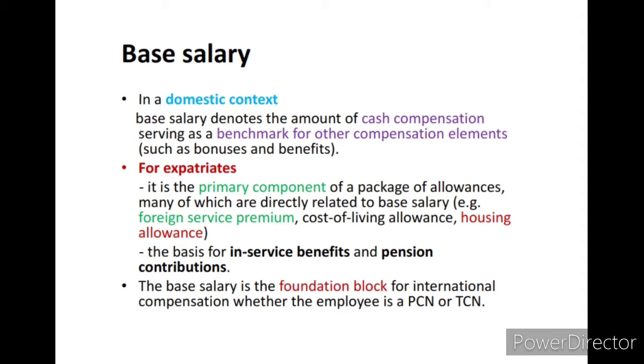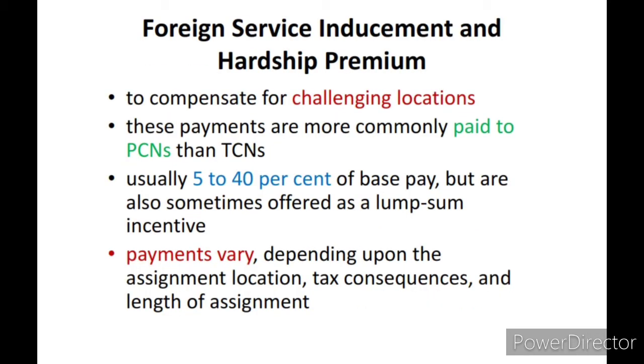To encourage and motivate employees to work for a challenging foreign assignment, foreign service inducement and hardship premium will be used. This is used to compensate for challenging locations, and mostly it is paid to the PCNs rather than TCNs. Most of the MNCs pay 5 to 40% of their base pay towards the foreign service inducement and hardship premium, and sometimes it is offered as lump sum incentives also.